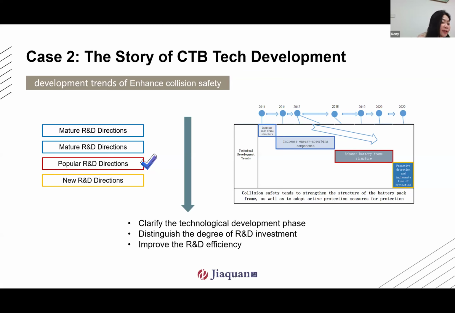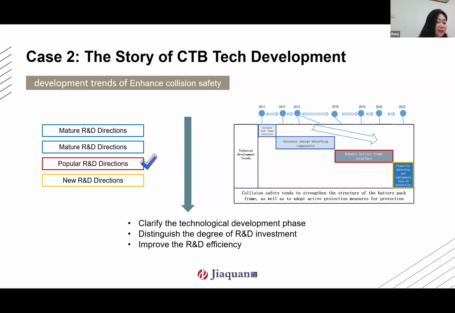From 2016 to 2020, the R&D focused more on the structural strength of battery frames. This not only involved structural design, but also the emergence of some new materials. It is through this method that we have sorted out the technical solutions of each patent and every technical effect.